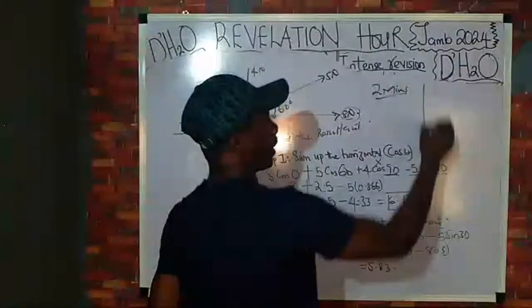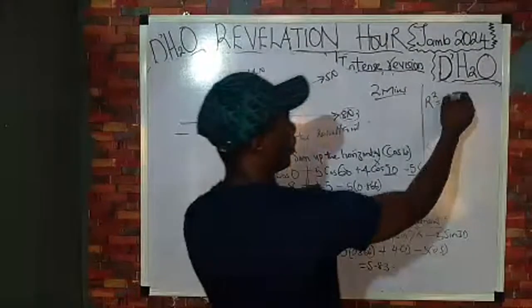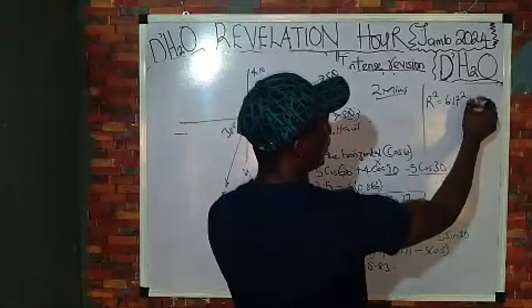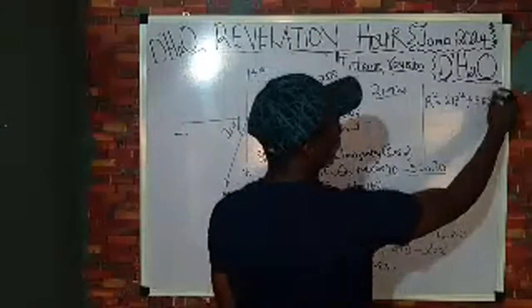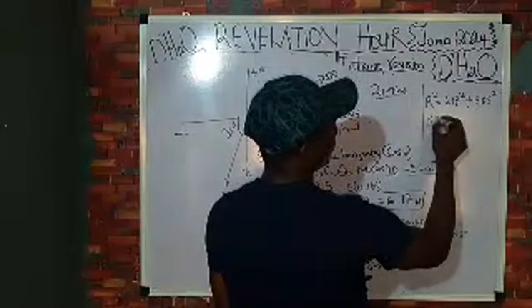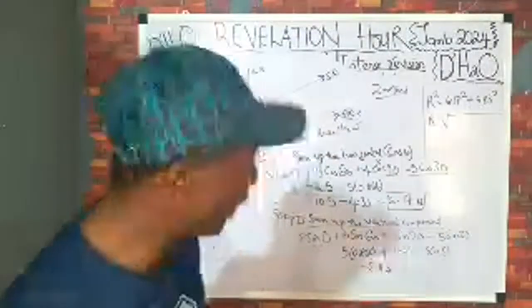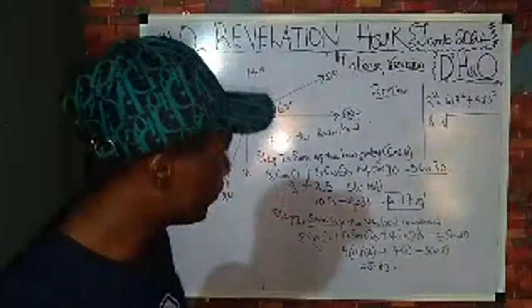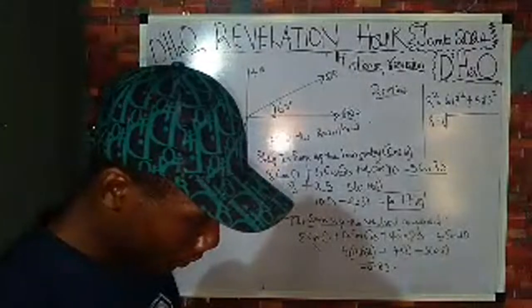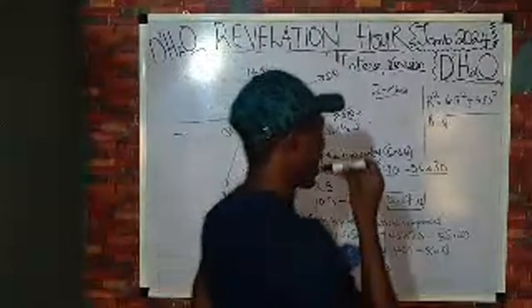So you can now use Pythagoras theorem. R squared equals 6.17 squared plus 5.83 squared. So R will be the square root of whatever you have here. 6.17 squared gives us 38.1.